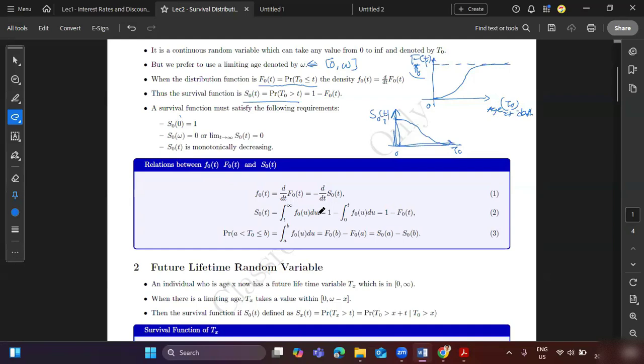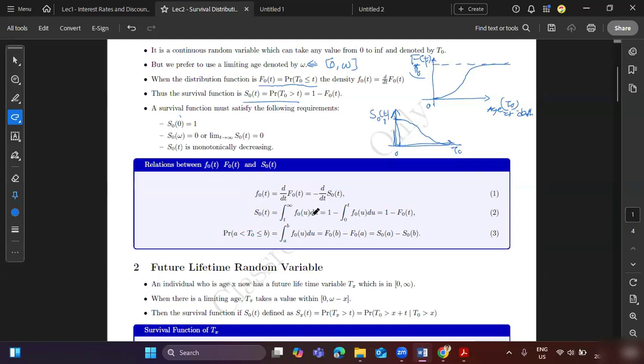We always add a small amount of time to the function, then get the proportion of these two, and set that small delta value to be 0. That will give the integration. So if we can differentiate that one, we can do the integration to get back that value as well.